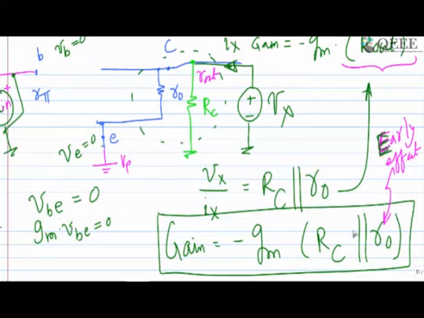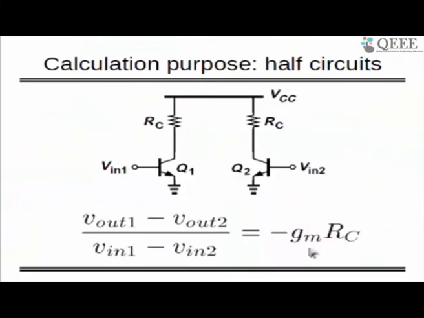In this circuit you are seeing minus gm times RC, but he has not covered the Early effect voltage. In our case, we are assuming that there is an Early effect voltage, and because of that the circuit becomes more realistic because it has also one second order effect.